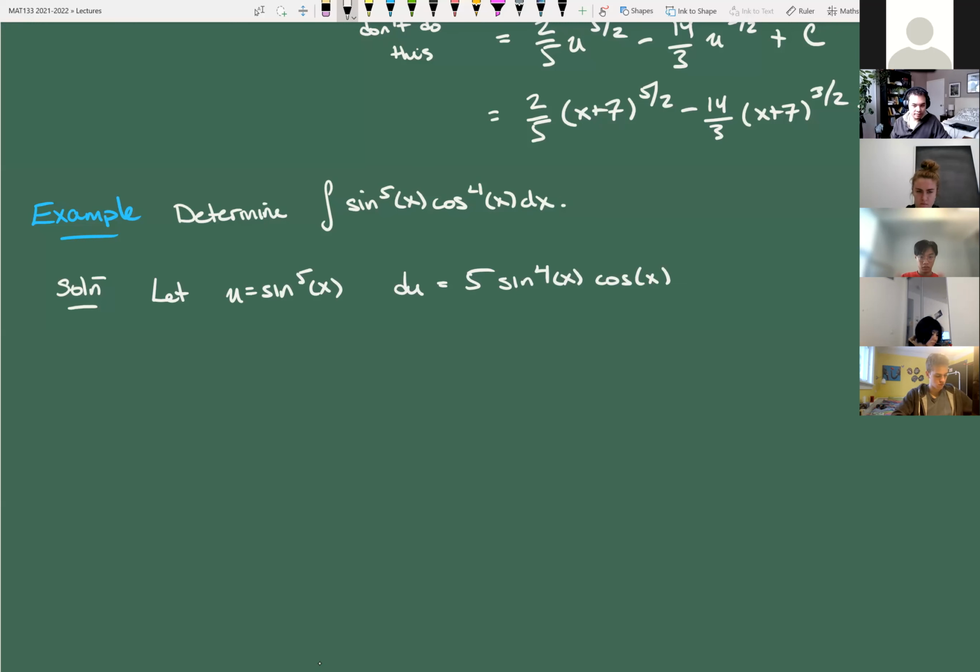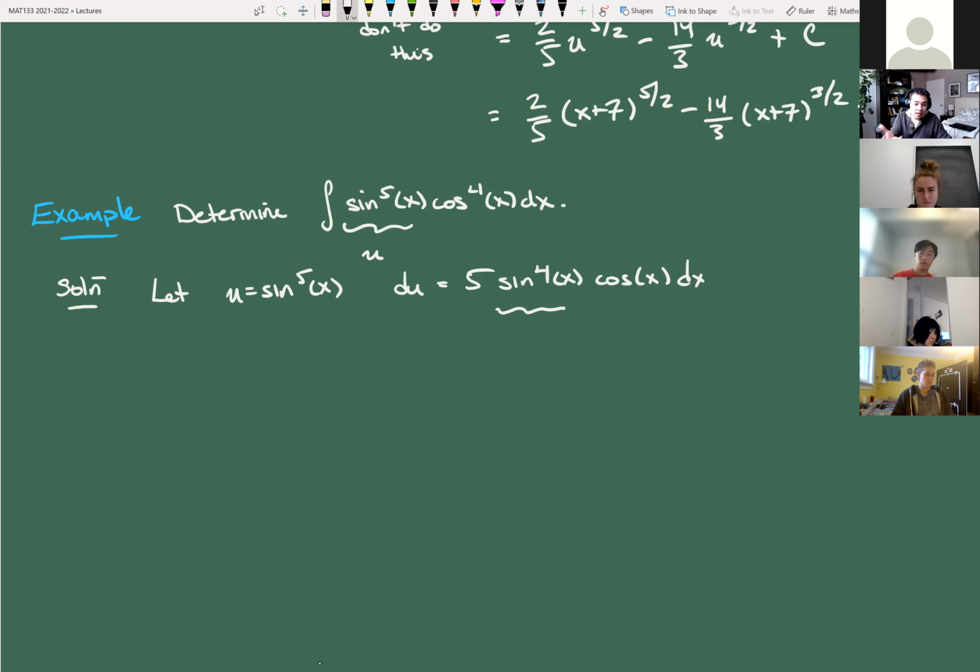Hopefully I did that right. Problem is it looks like we're going to need 9 sines, right? Like this is u, right? This is the u that was defined, but then we need another 4 u's in the du. I should write dx here.